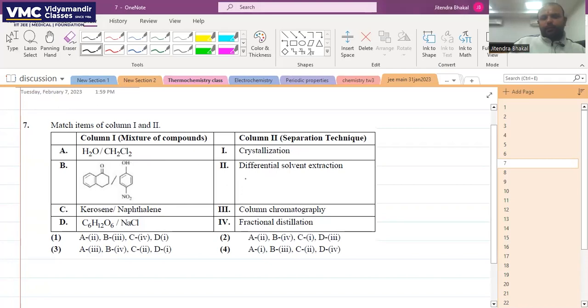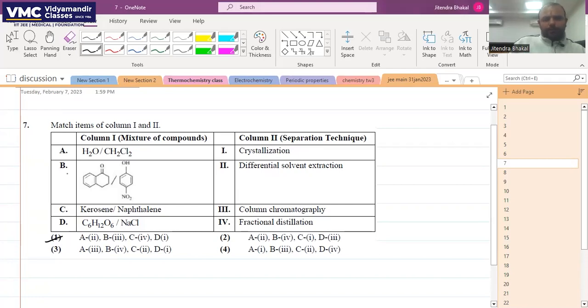In this technique, we use an organic solvent in which CH2Cl2 is more soluble than in water. So easily we can separate H2O and CH2Cl2. So with option A, the second is matching. So option 1 is the answer, we can directly say.